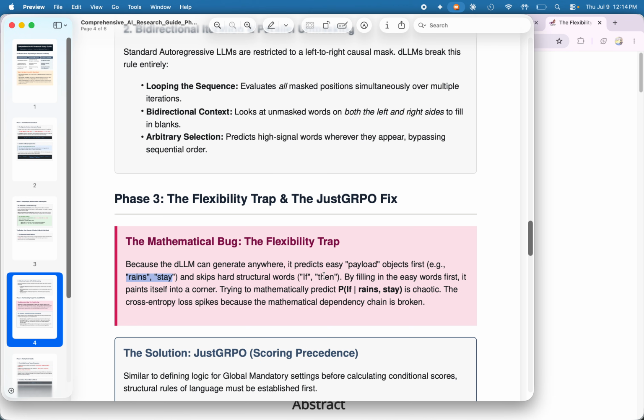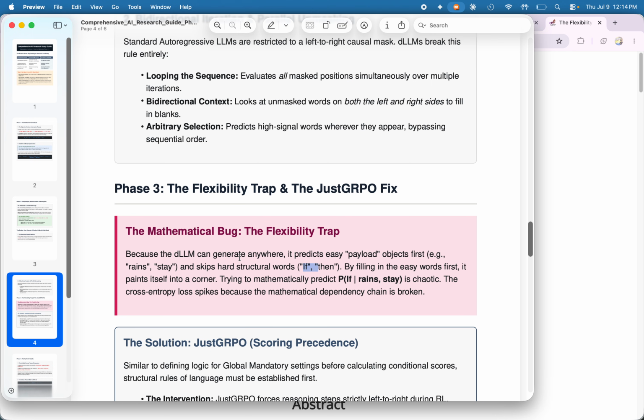The structured words are harder to guess, so they are predicted last. The probability score will be high, so they won't be predicted in the earlier iterations and will come at the end. So when we try to predict this, the loss will go high, and then it will hallucinate, and the prediction won't be better.